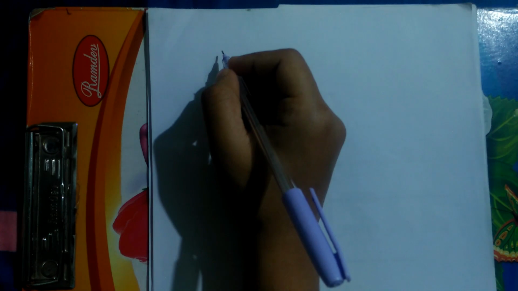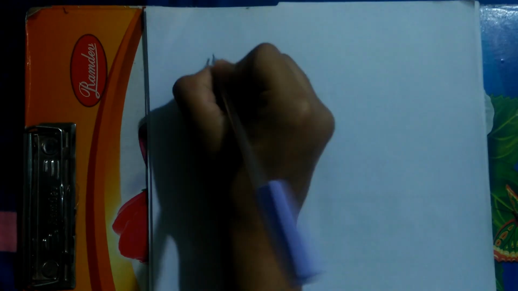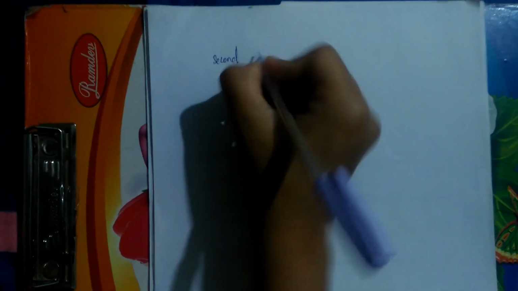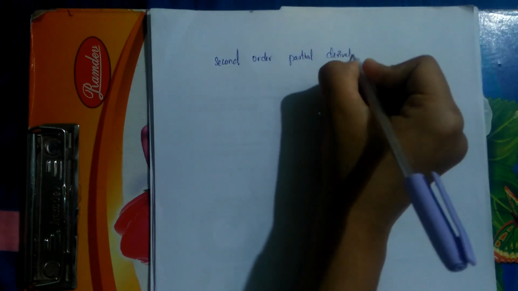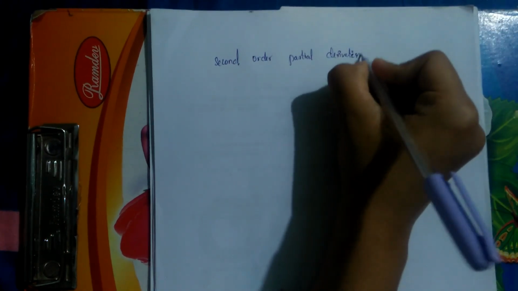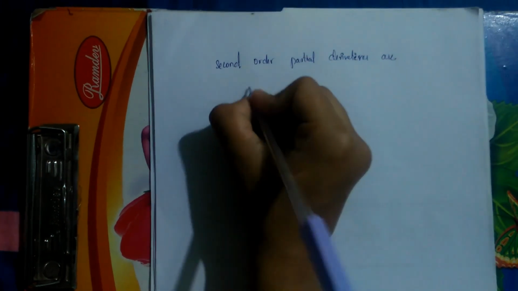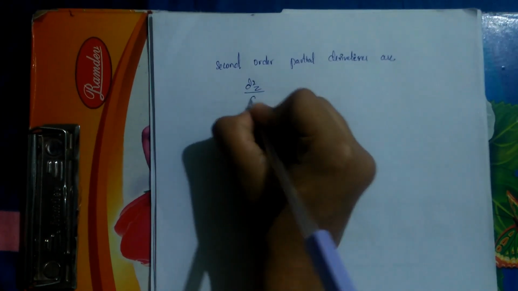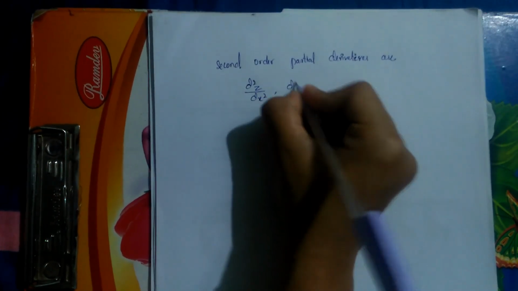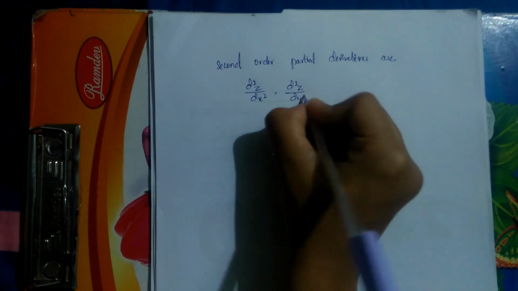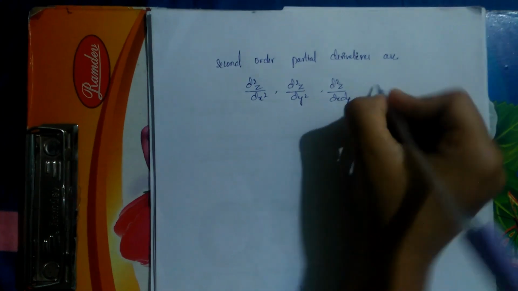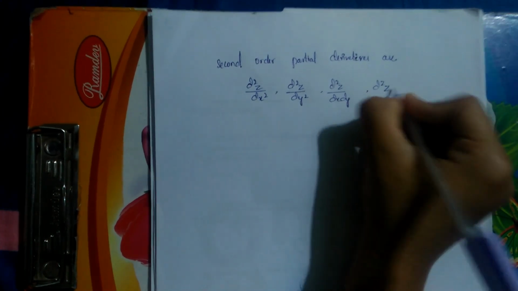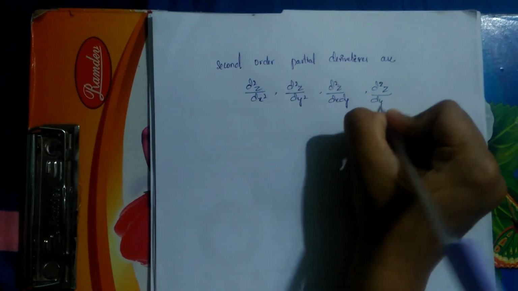Let's understand the second order partial derivatives. Second order partial derivatives are dou square z by dou x square, dou square z by dou y square, dou square z by dou x dou y, and dou square z by dou y dou x.